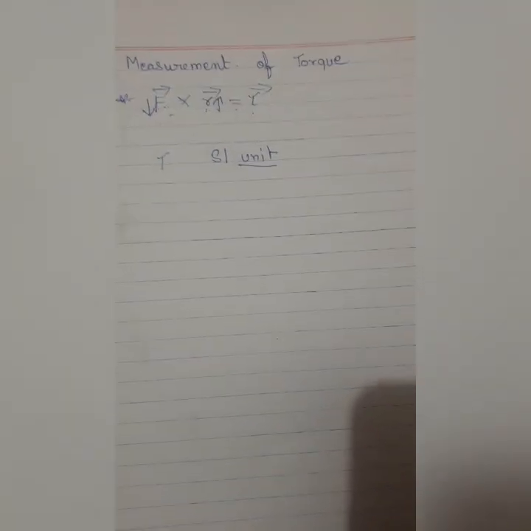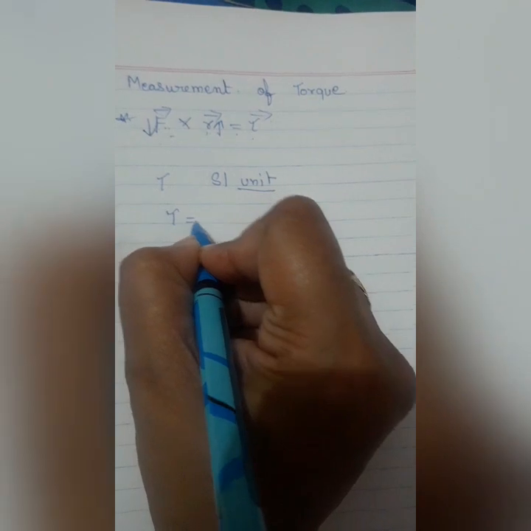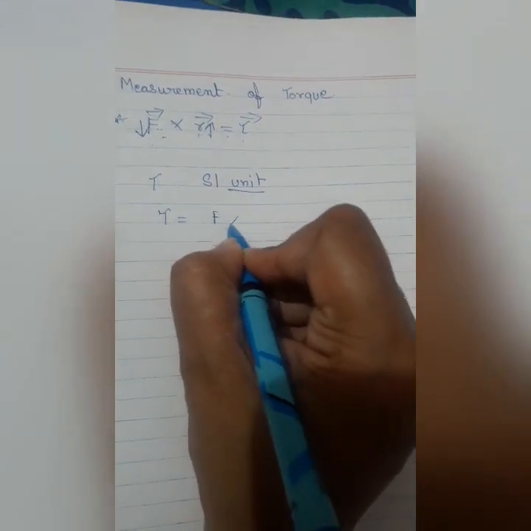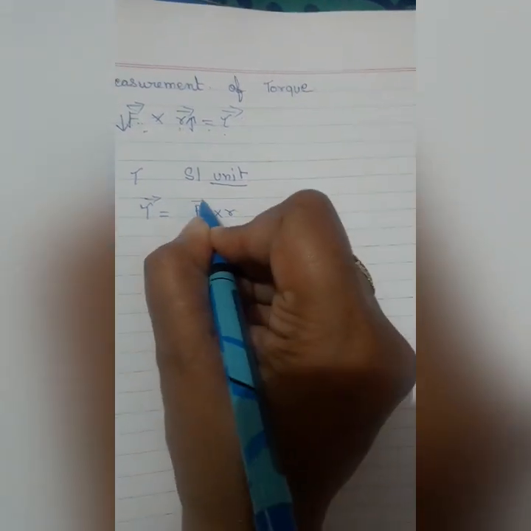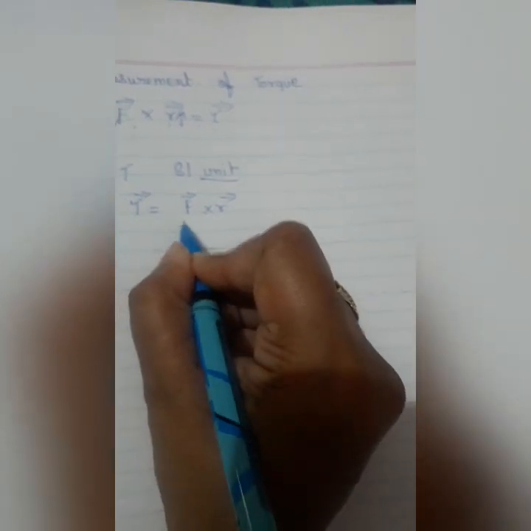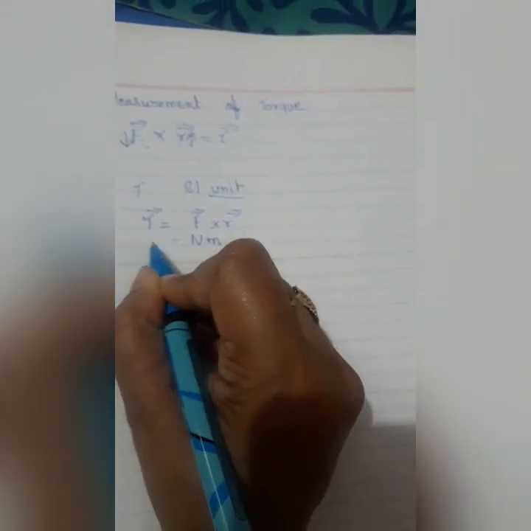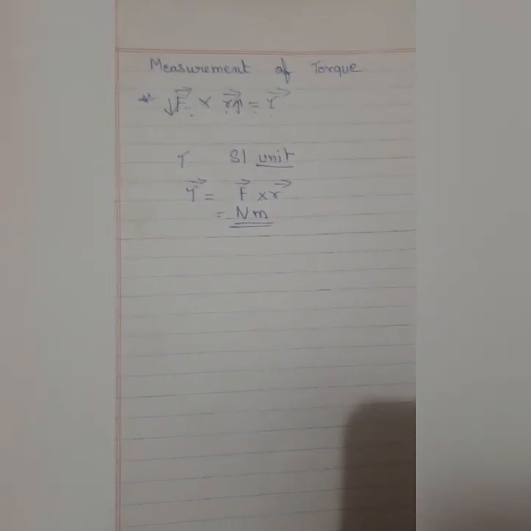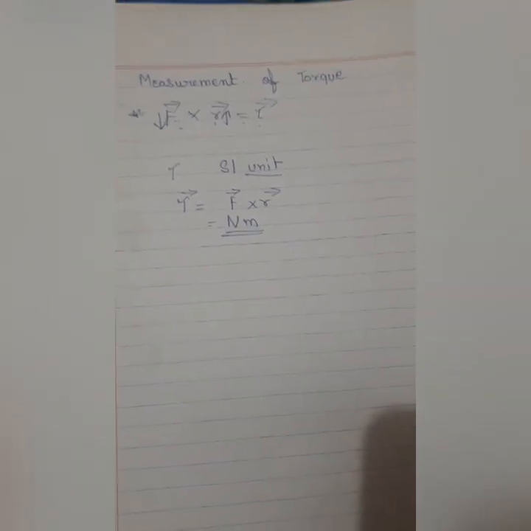Okay, so the SI unit of force is Newton, correct? And the SI unit of distance is meter. So what is the combined SI unit of this force into distance? That is Newton meter, the unit of this physical quantity that we are saying torque, right?